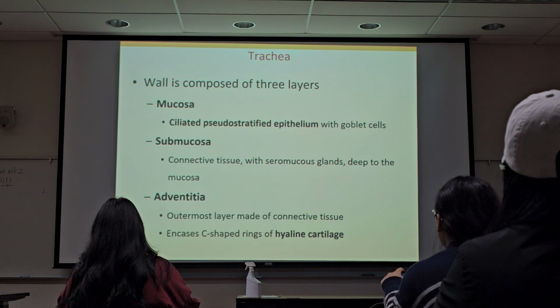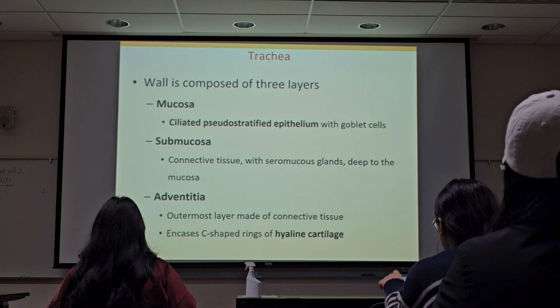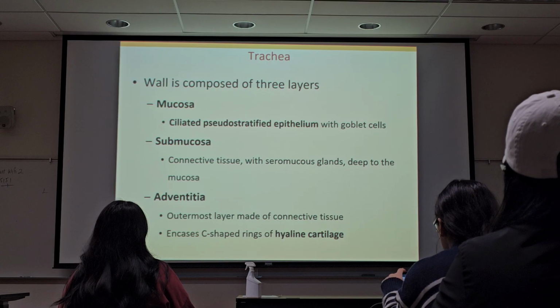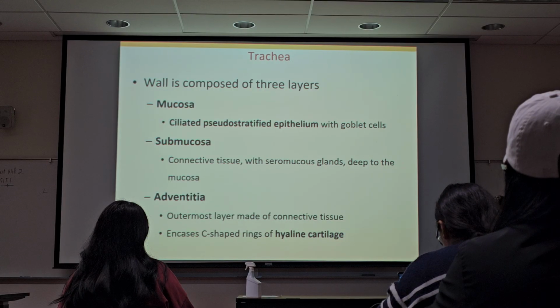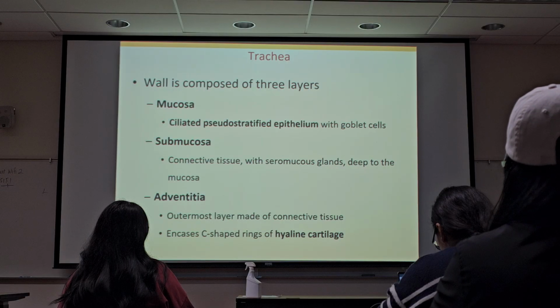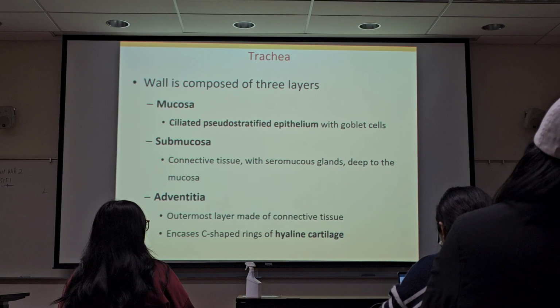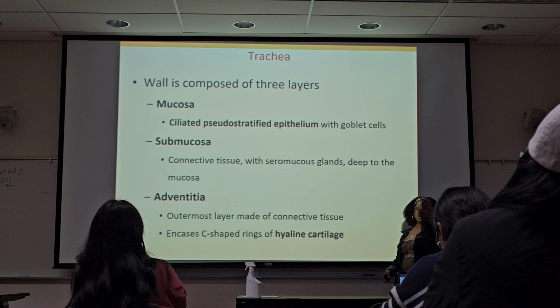The trachea itself has its mucosa, its deep internal tissue, mucus secreting tissue, where we have ciliated stratified epithelium with goblet cells secreting mucus. There's the submucosa, that's going to be kind of deeper to the mucosa, and you gotta think that this is a tube, okay?